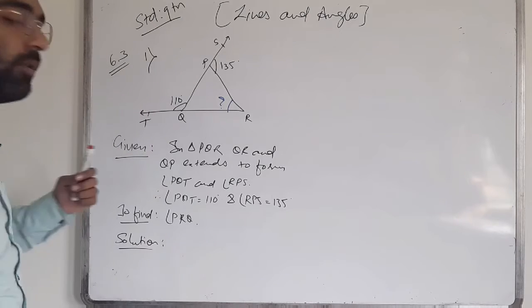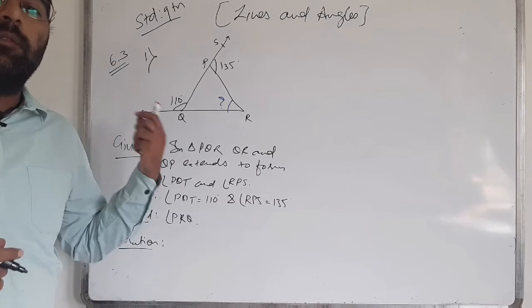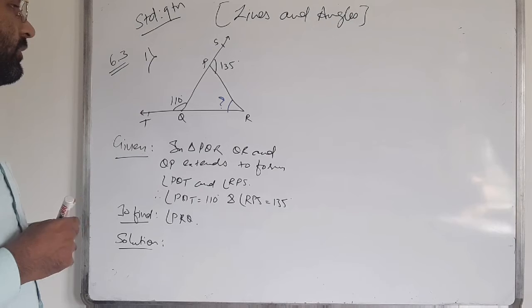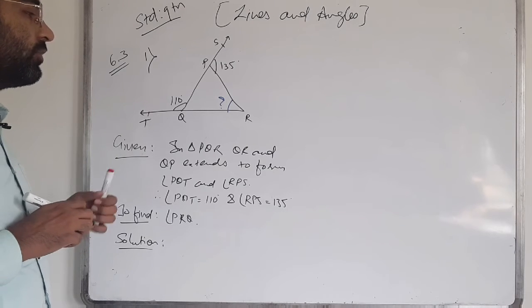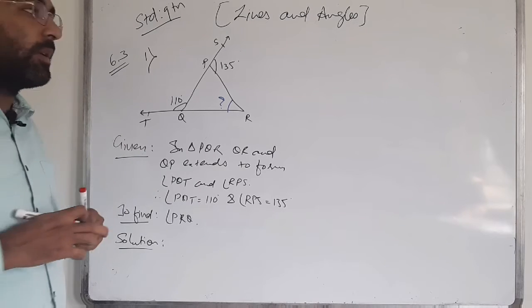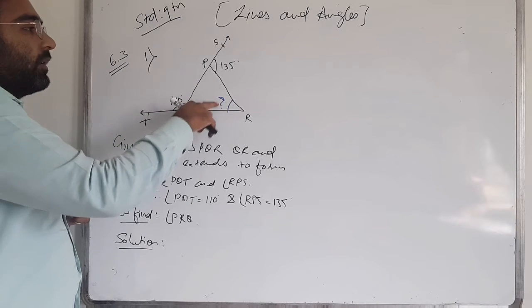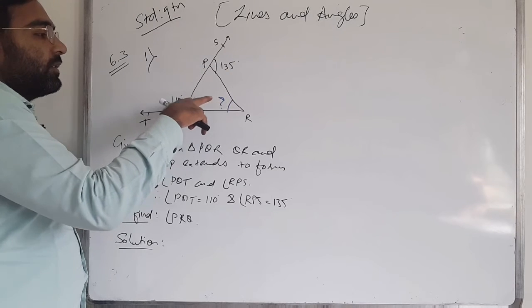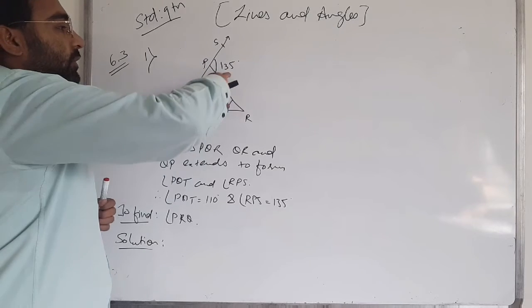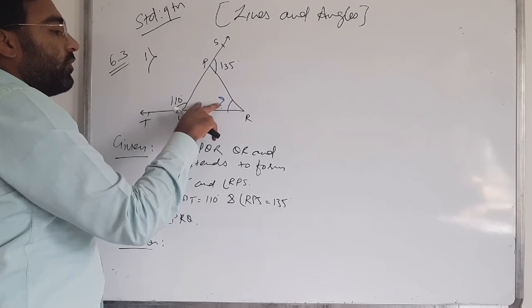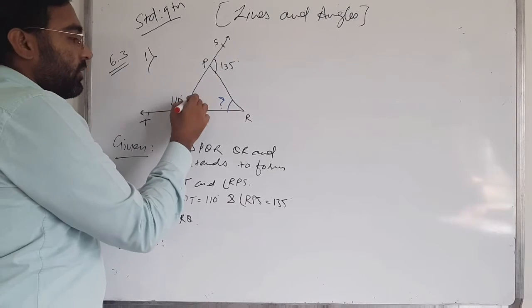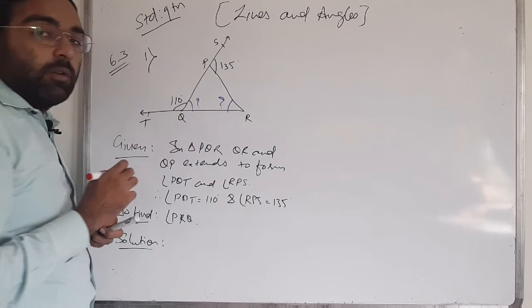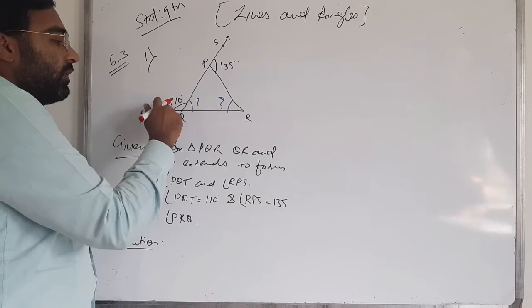So now, what should be written in the solution? In this solution, we know that the sum of two interior angles is equal to the third exterior angle. So for that I need this angle also.